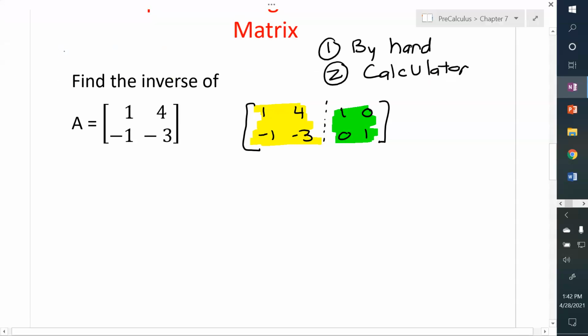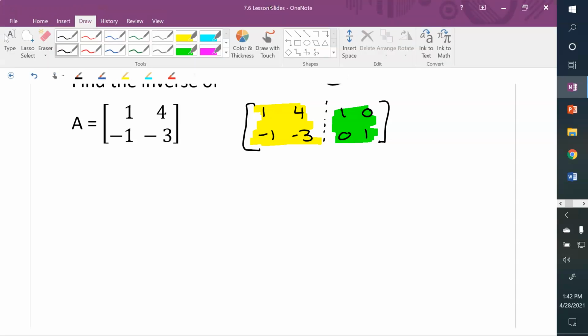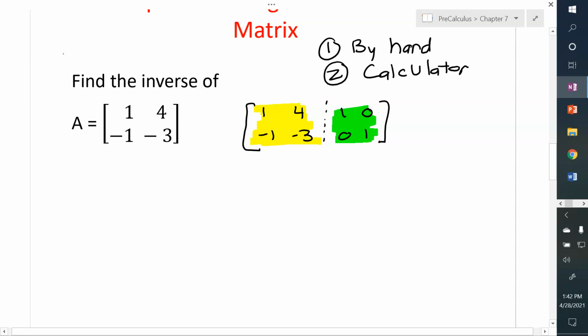So let's get started. The first thing I want to do is have a 0 in my second row, first column. So I'm going to go through this column by column. I'm going to take row 1 and add that to row 2. I'm going to keep row 1 the way it is.